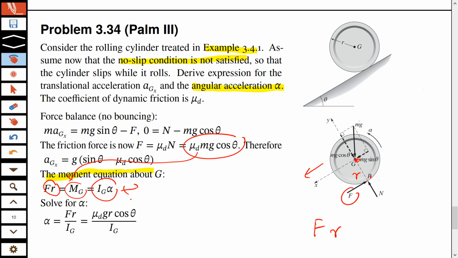So you just plug these values. Alpha will be equal to f r divided by I_G, और f की जगह आप ये वैल्यू प्लग करें, so you are left with mu d m g r cos theta by I_G.